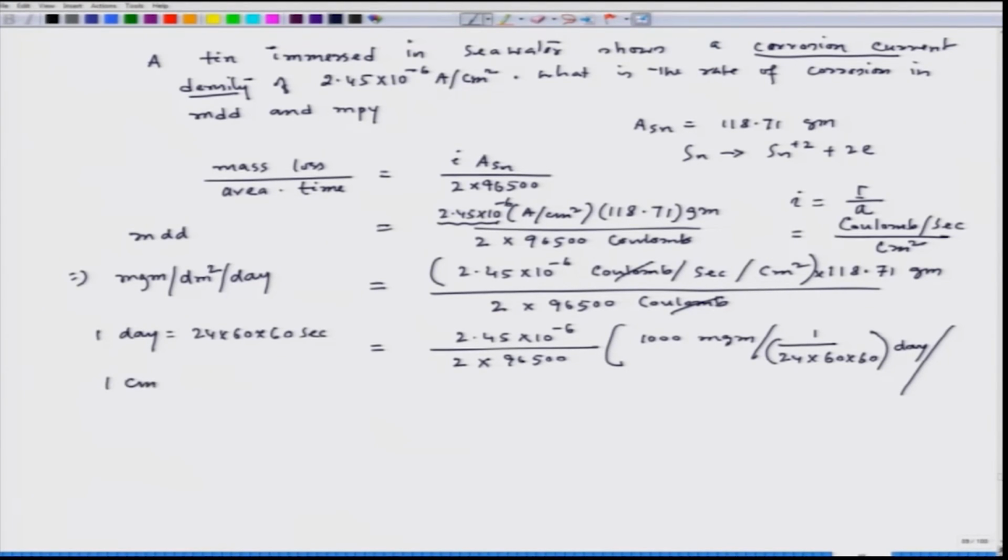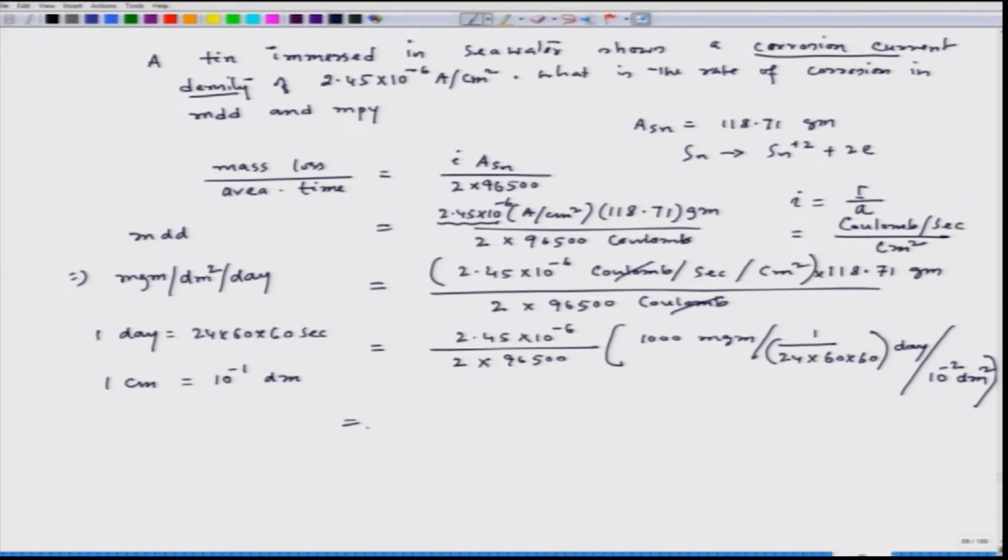So, 1 centimeter equal to 10 to the power minus 1 decimeter. So, it should be 10 to the power minus 2 decimeter square.